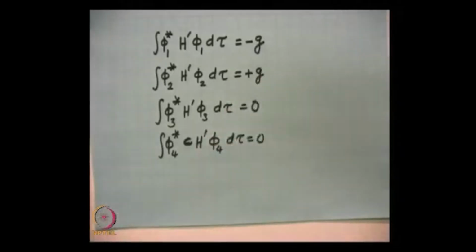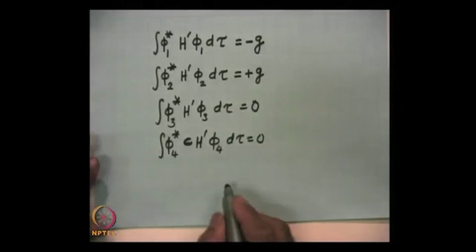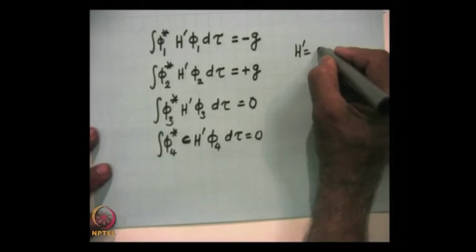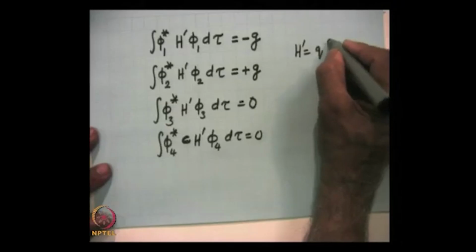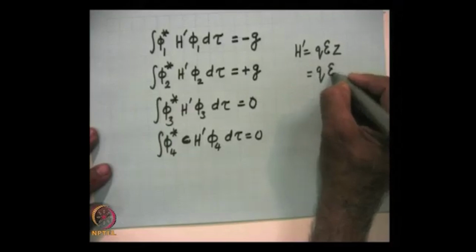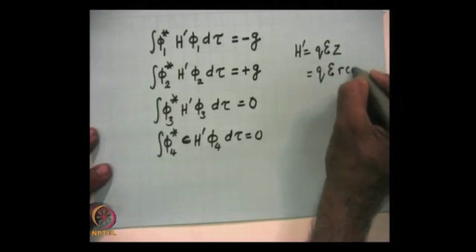All other matrix elements are 0. Of course, h prime is equal to q e z, that is equal to q e r cos theta.